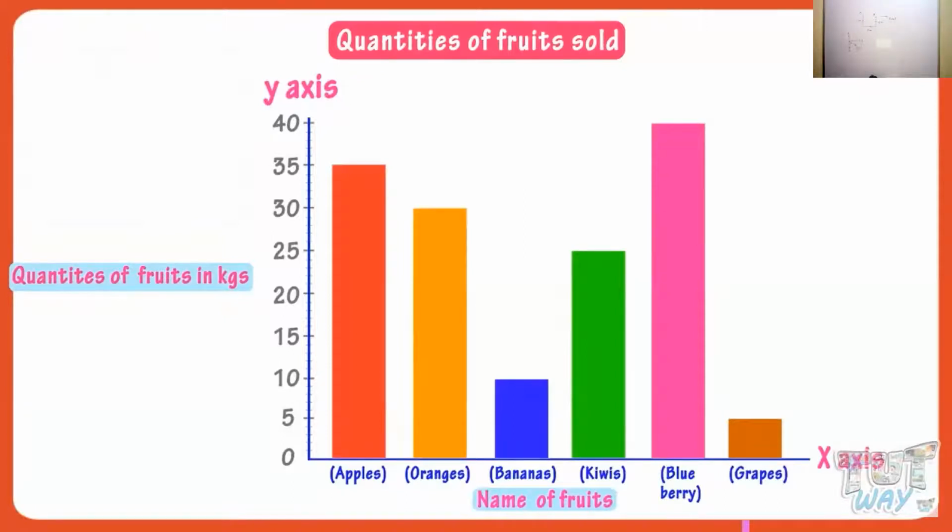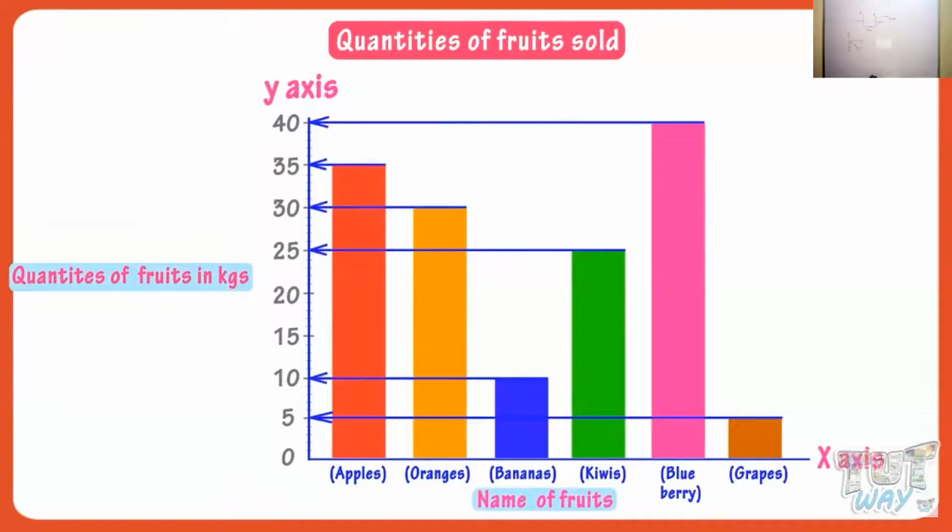Here the bars are drawn vertically on horizontal axes. This axis is known as horizontal axis or x-axis. The length of rectangular bars represent the quantities of corresponding fruit sold in kgs.